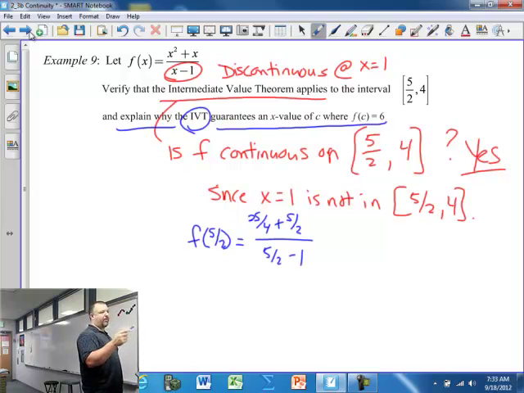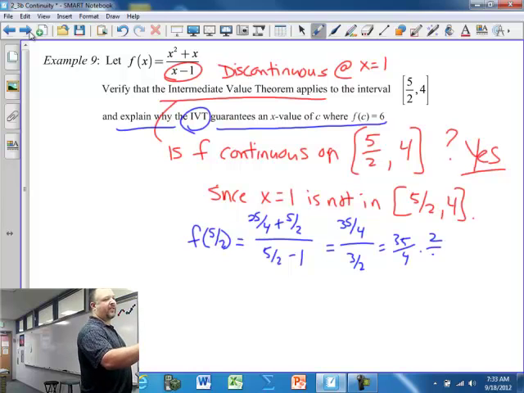So that's 25 over 4 plus 10 over 4, so that's 35 over 4, divided by 5 halves minus 2 halves is 3 halves, which means I have 35 fourths times 2 thirds. That cancels with that, and I get 35 sixths.